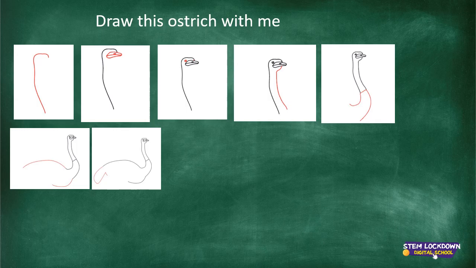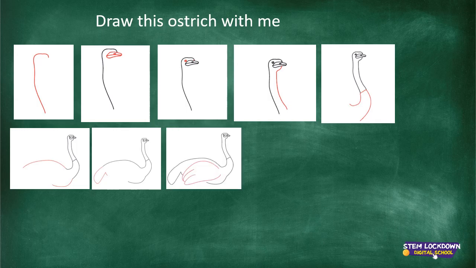Finish that part. Now let's draw the tail. And let's do that big wing feather, the wing that cannot fly.